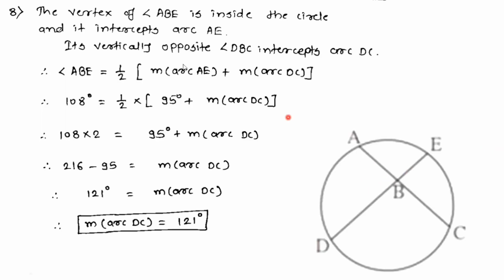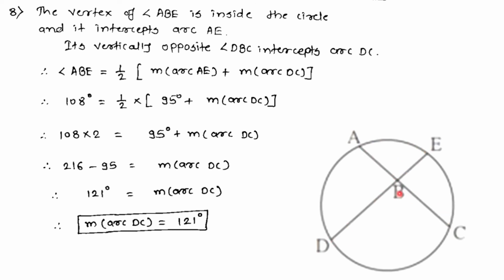To solve this, for angle ABE, the vertex of the angle is inside the circle, and angle ABE intercepts arc AE, and the opposite angle of angle ABE is angle DBC.